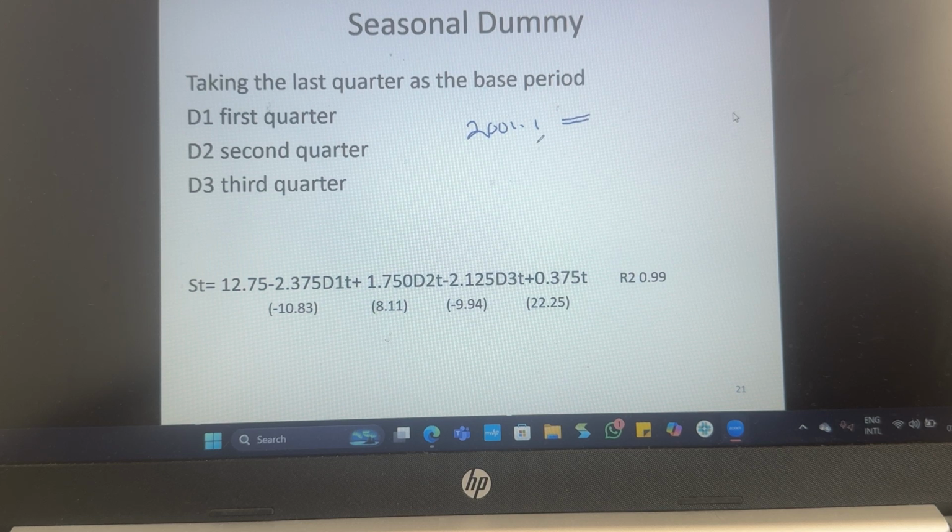According to the ratio to trend method, we got 16.5. The seasonally adjusted trend forecasted value for 2001 first quarter was 16.5. Let's see what this equation gives. We need 2001 first quarter. So what is the number that you need to put here?